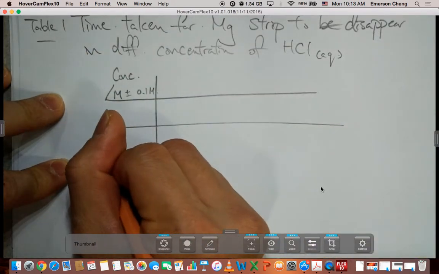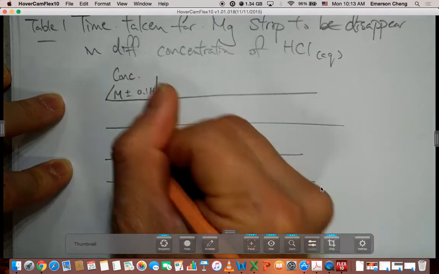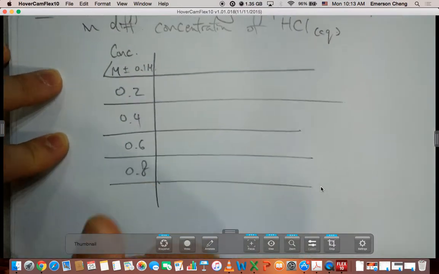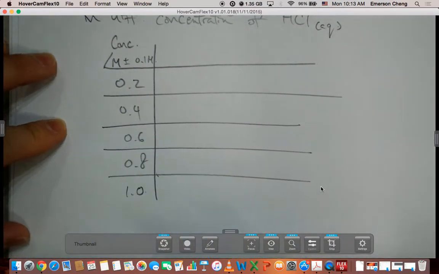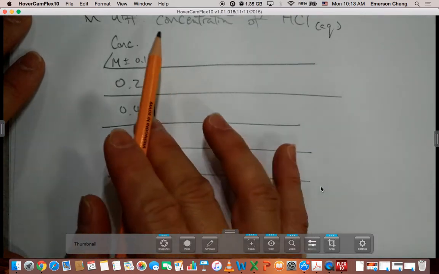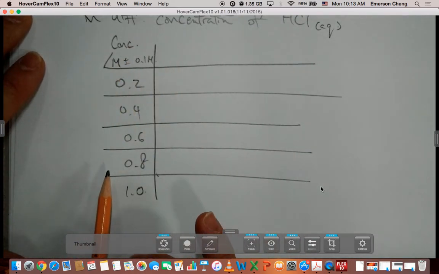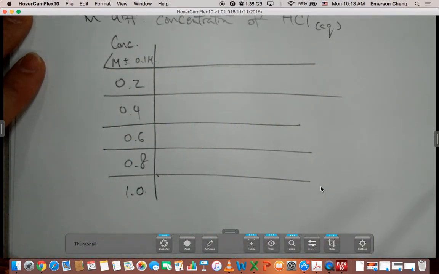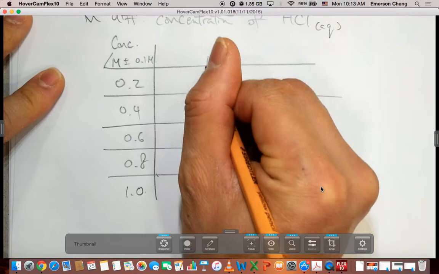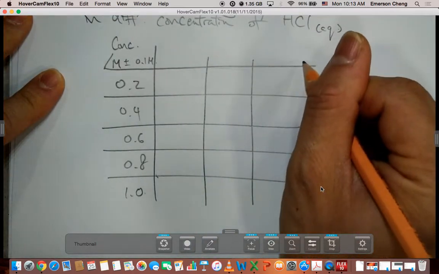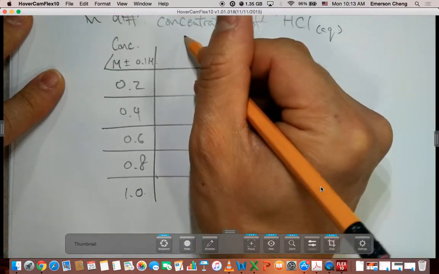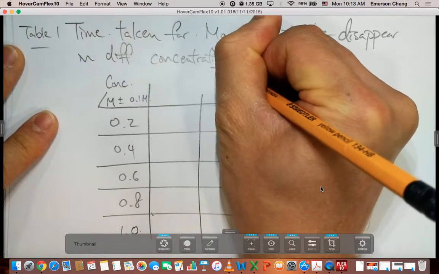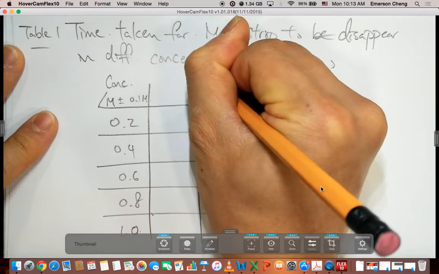And then you have things like 0.2, 0.4, 0.6, 0.8, 1.0. I'm making up numbers right now, but I want you to focus on how the table is formatted. Then you have time taken, so in this case seconds.